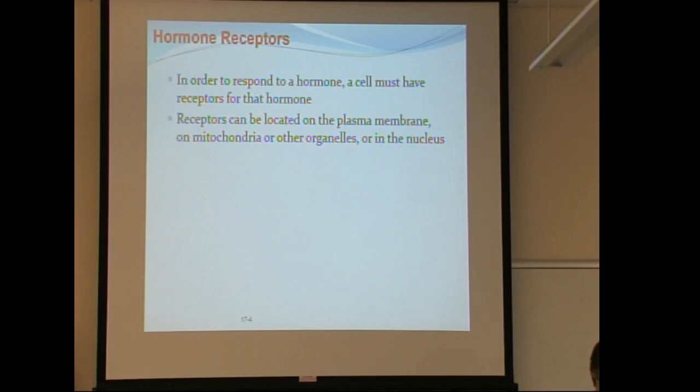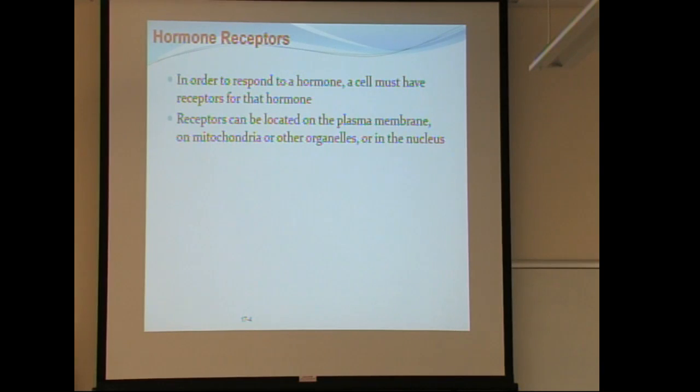In order for those cells to respond to the hormones, the correct ones, they have to have the right receptor. So in biology, everything's all about shape, as you probably saw with enzymes back in 201. The receptors can be out on the cell membrane and bind to the hormone there, or they can be in the organelles, in the cytoplasm, or even in the nucleus itself.